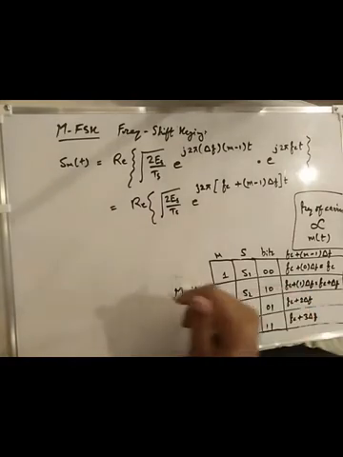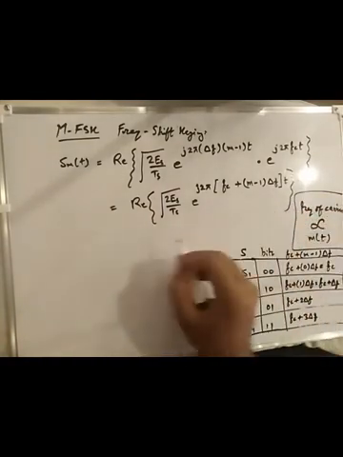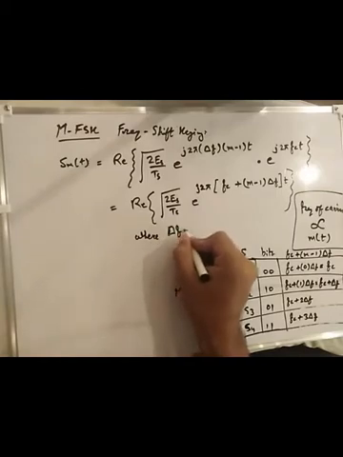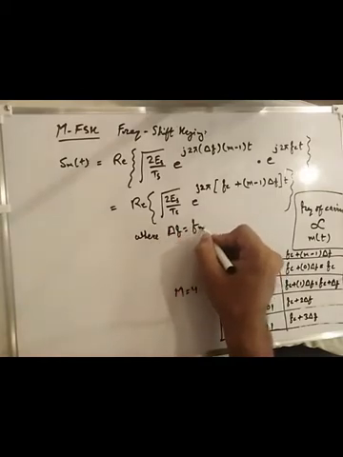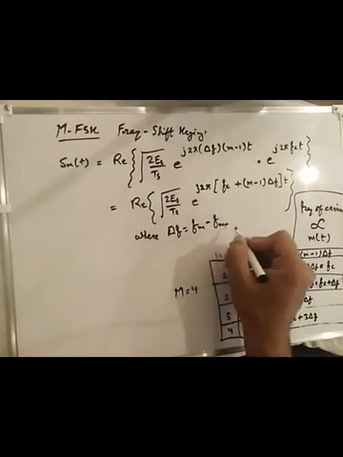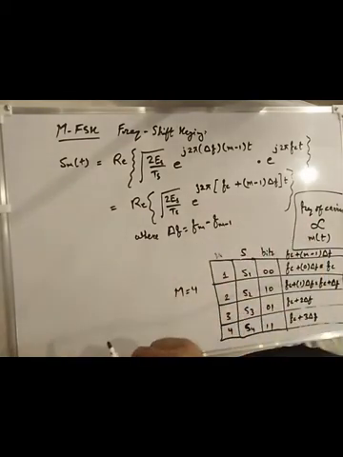So delta F is the difference between the Mth frequency carrier and its neighbor, say F subscript M minus 1, right?